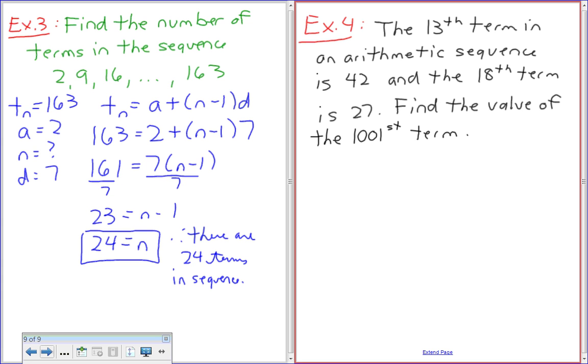Before I give you guys the answer to this, what would be an idea? What would you need to find? Good, perfect. But in order to find the 1,001st term, what do we need? Know the sequence? Yes. Just in general, if you're solving the equation, if you're looking for this.